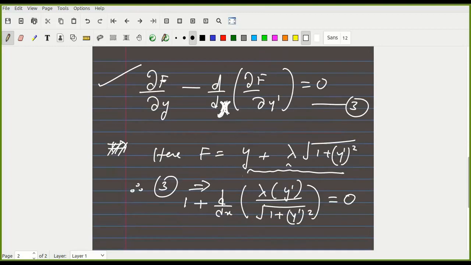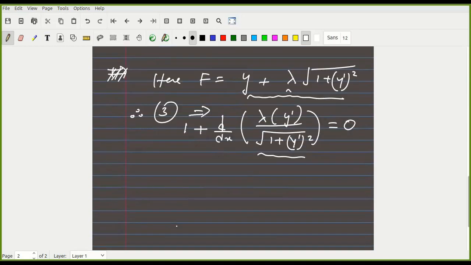So one can check what exactly I did. Lambda is a constant. For root of 1 plus y dash the whole square, the derivative is 2y dash divided by 2 root 1 plus y dash whole square, and that 2 gets cancelled, and therefore what I get for this particular brace is this. Okay, so now my next task is to do the ordinary derivative, d by dx of this.